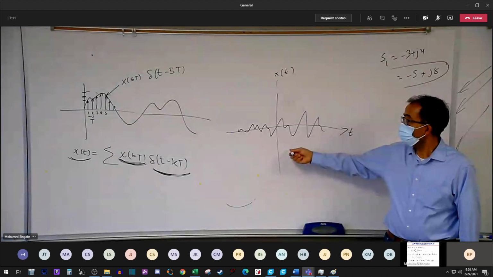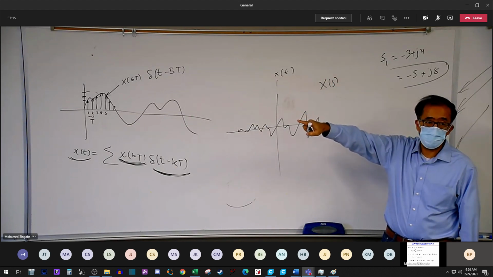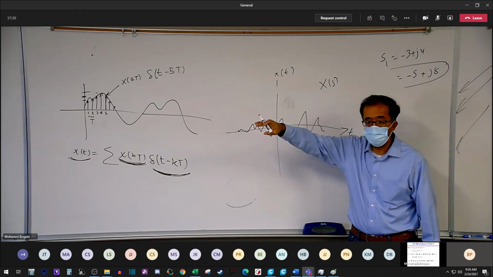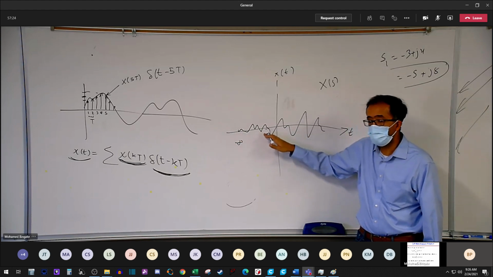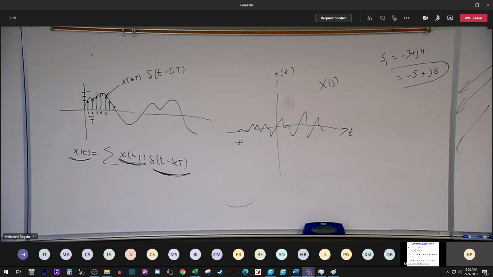Then when I find x of s, in this case, I will use the two-sided Laplace transform. Why two-sided? Because the lower limit of the integral is negative infinity. So I'm going to take the Laplace transform over this side and this side. And that will be the two-sided here.